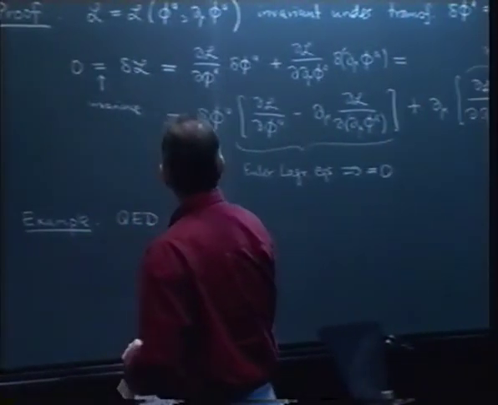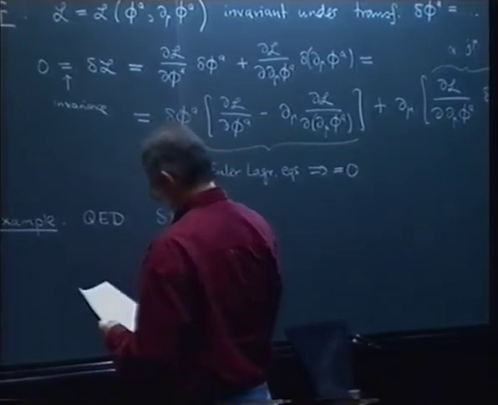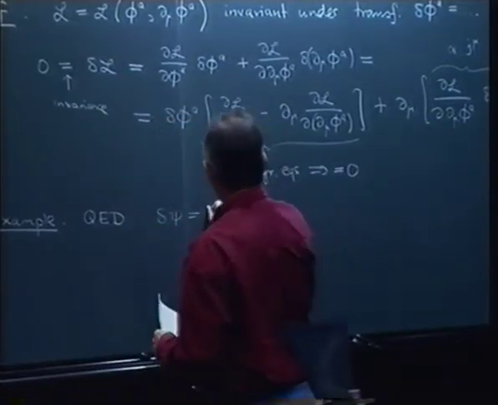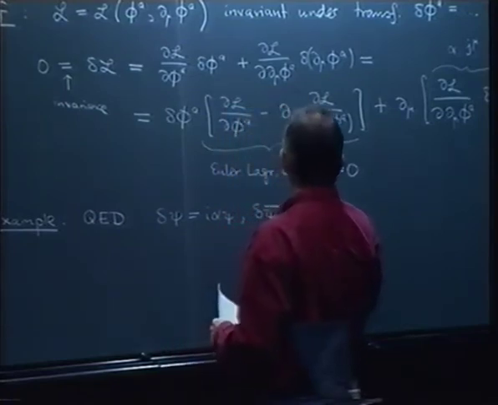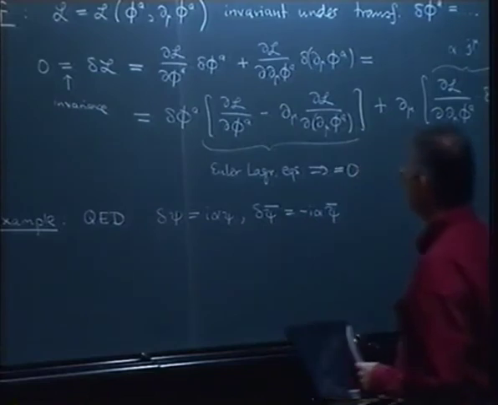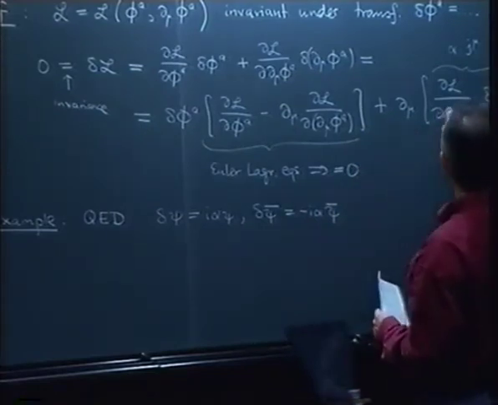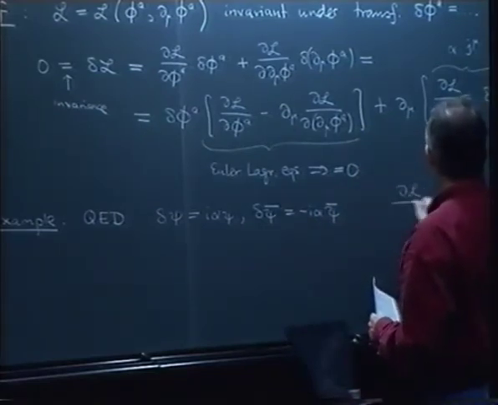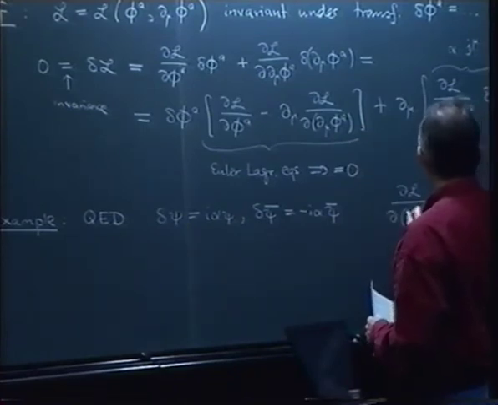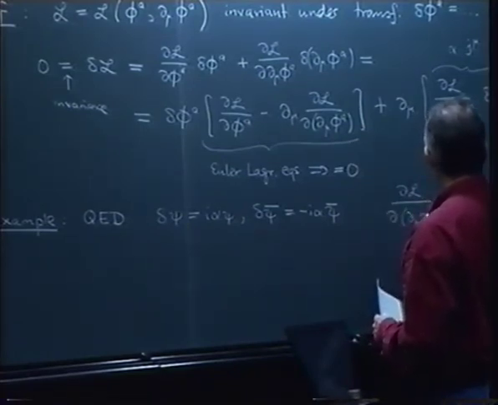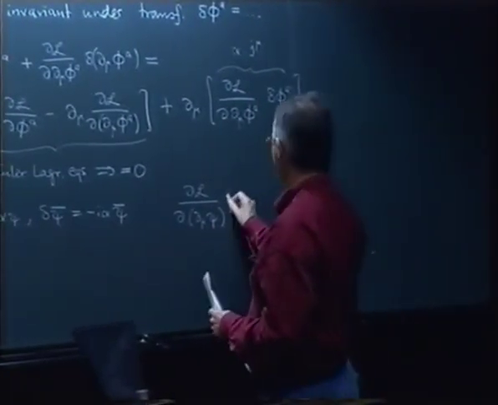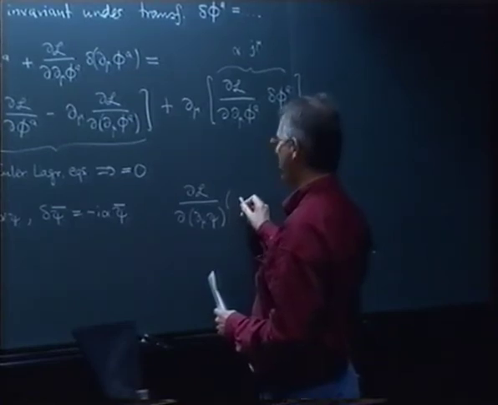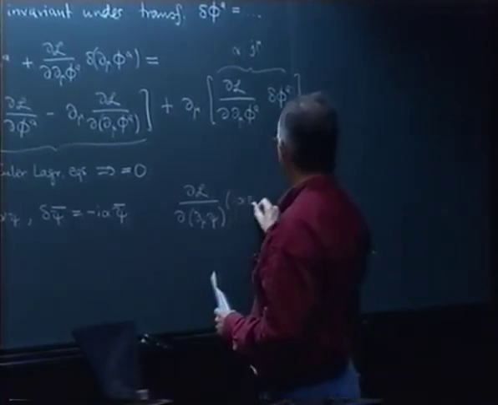So it's invariant under delta psi. Let's write this as plus i alpha psi, and then we just look at this expression, we get delta d mu psi times delta psi, so this is i alpha psi.